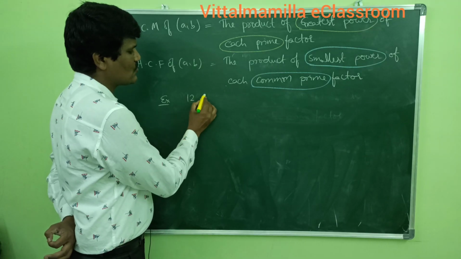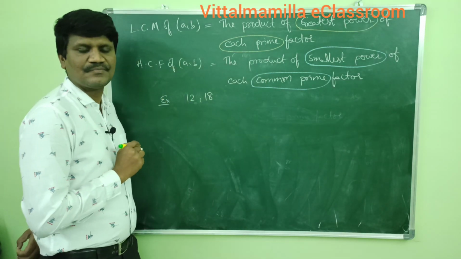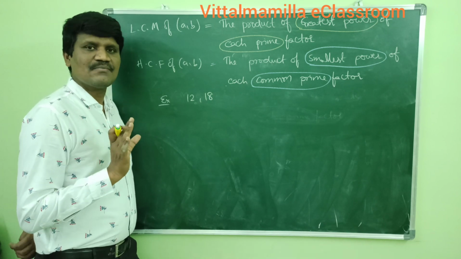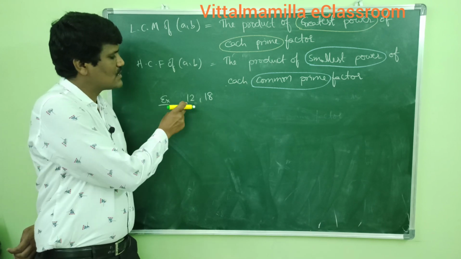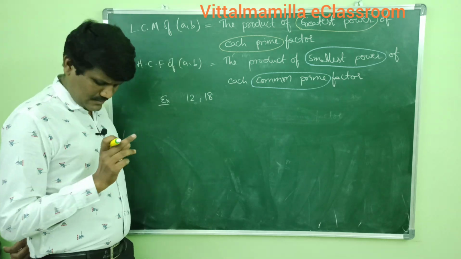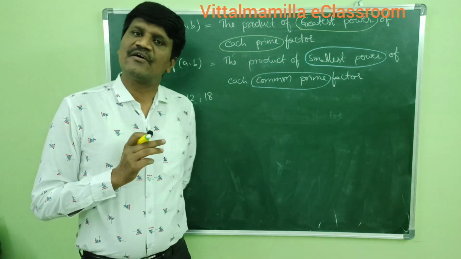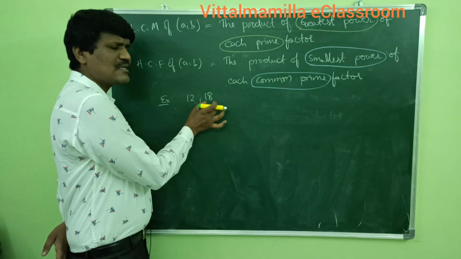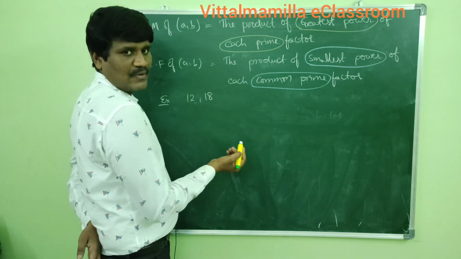Example is 12 comma 18. How to find the LCM and HCF of 12 comma 18 using prime factorization method. Whatever the numbers are given, first you write the prime factors.